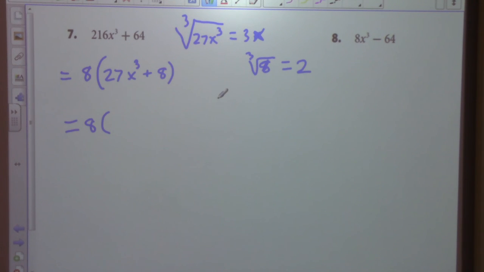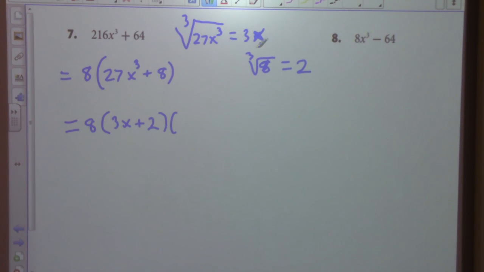Sum of 2 cubes, right? So what's going to go here? Let Jacob do this, guys. 3x plus 2. Now here we have x squared, right?